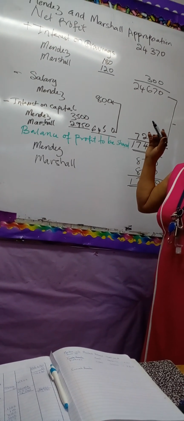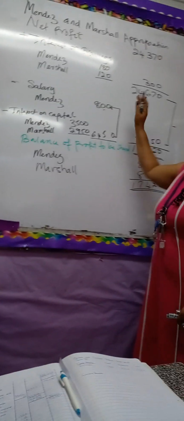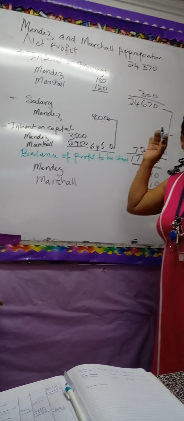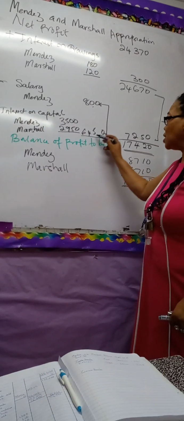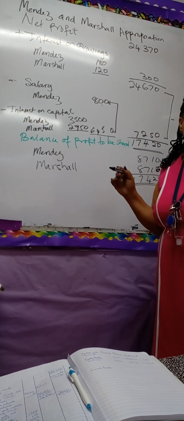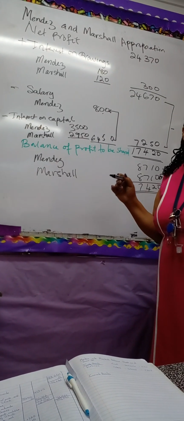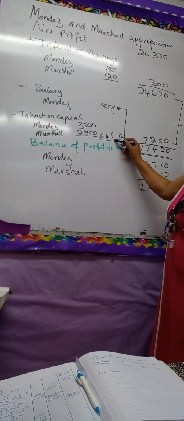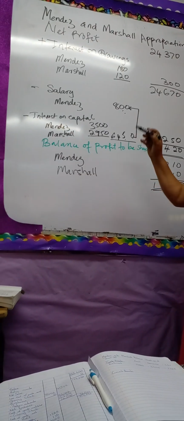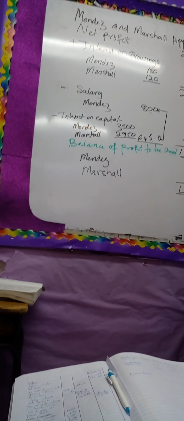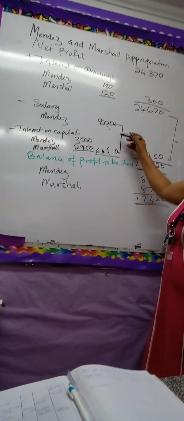I am subtracting 800, right? Do you agree? And I'm subtracting 6,450. You add the two together. Take up the calculator. 800 plus 6,450.